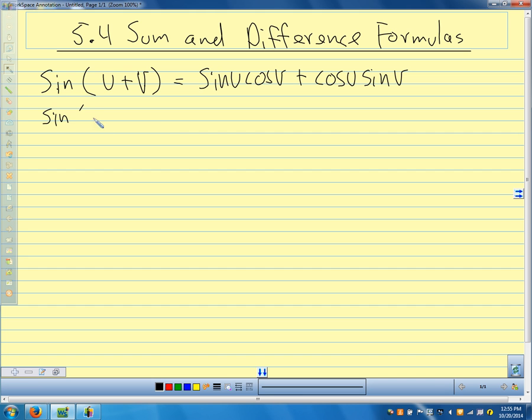So that's our sum formula. The sine of u minus v equals sine u cosine v minus cosine u sine v. And what I remember with these is that the sign, the plus or the minus, is the same, and the sines and cosines are always mixed.